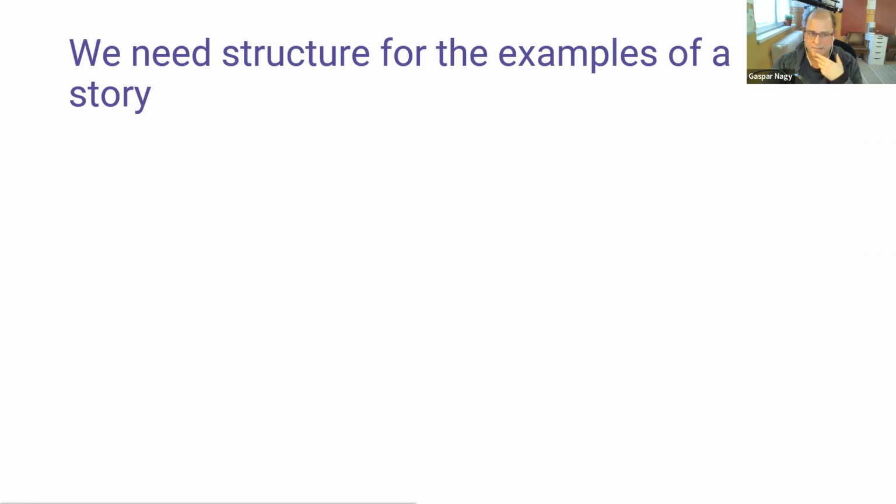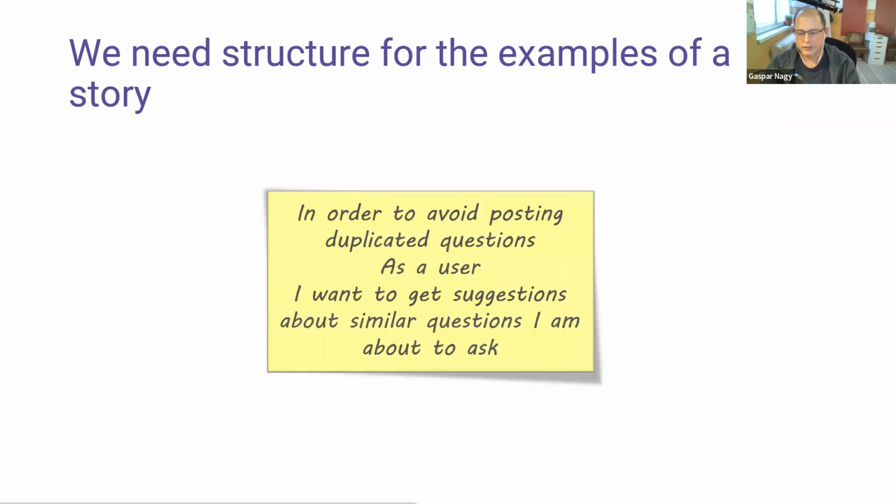But it's very important to highlight that collecting the examples for a user story does not really work like you are just sitting down maybe with your team and saying, oh, we have a new user story, let's try to collect a couple of examples for that.